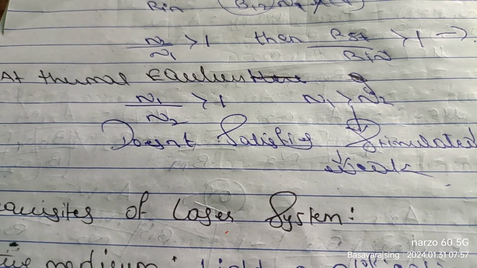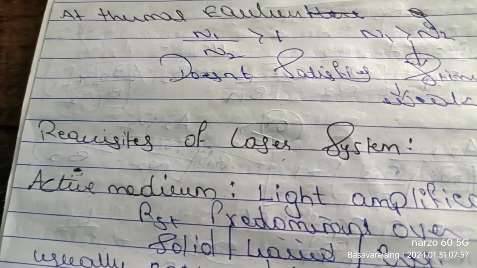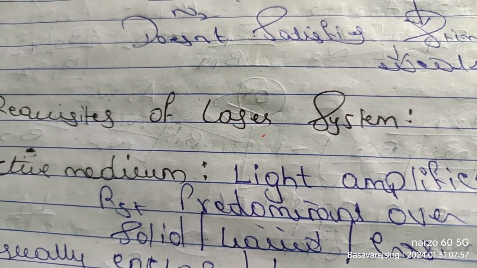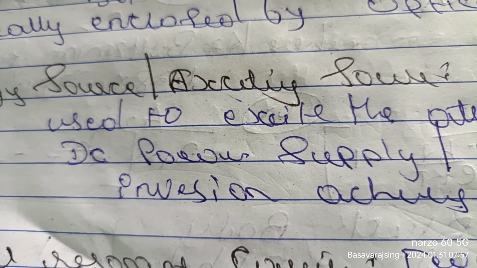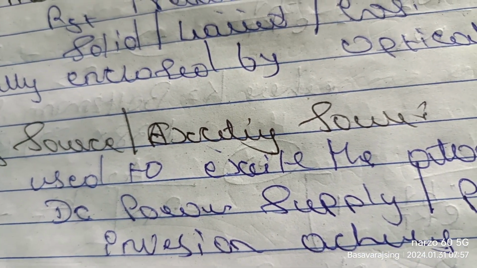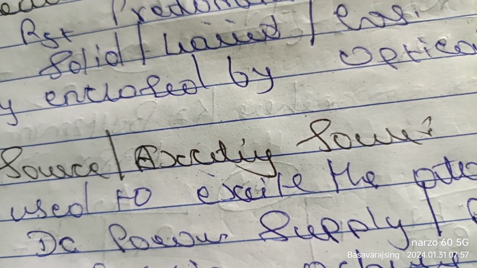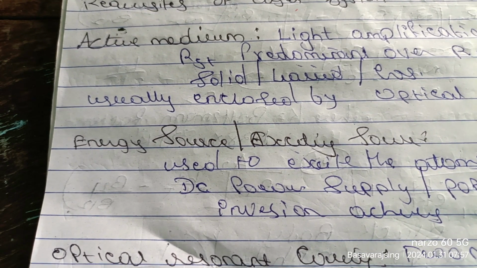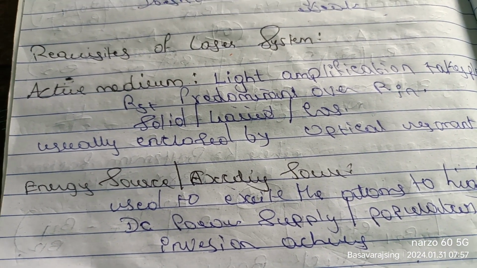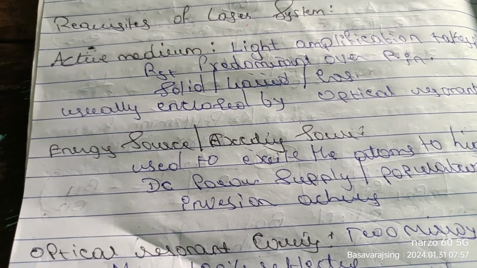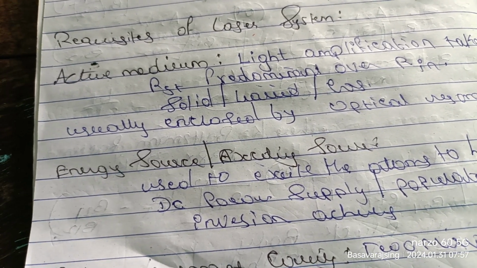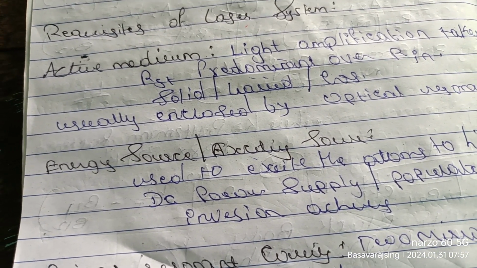Next, requisites of a laser system. It is also a 5 marks question. The laser system includes, first, the active medium. What is the active medium? Here, laser amplification takes place. The rate of stimulated emission predominates over the rate of induced absorption. It is either solid, liquid or gas.